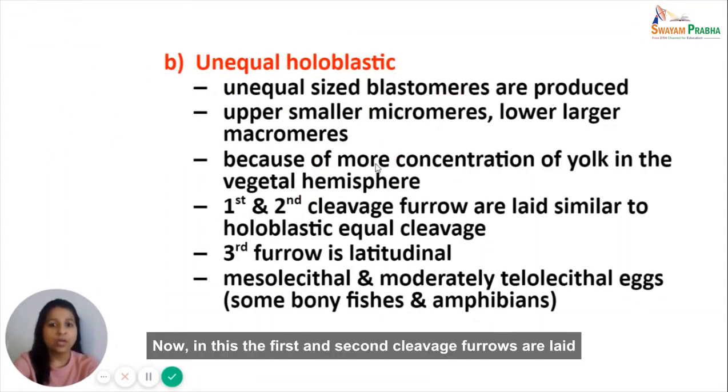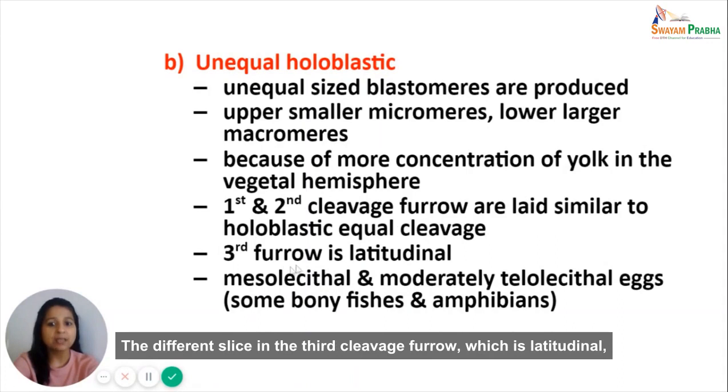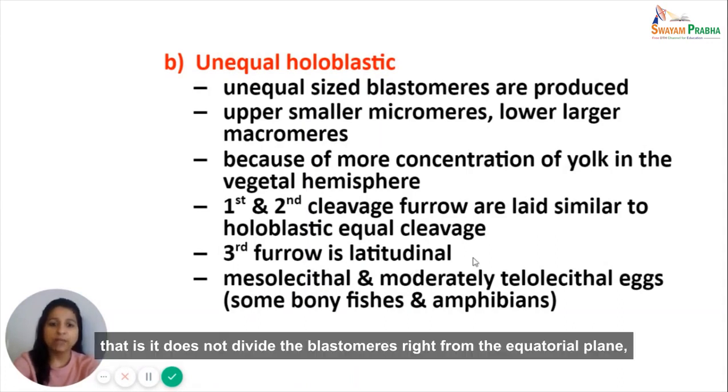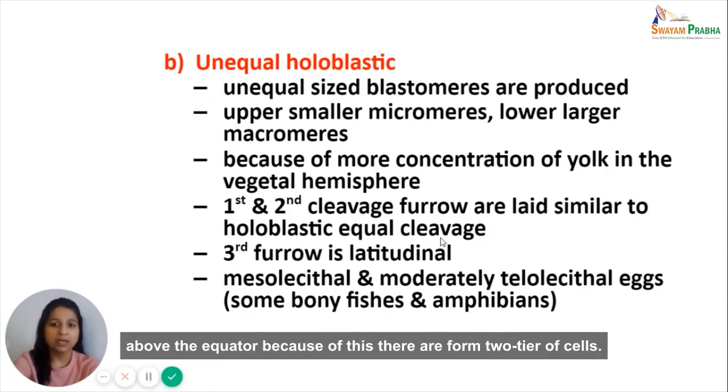produced. Now in this, the first and second cleavage furrows are laid similar to the holoblastic equal cleavage. The difference lies in the third cleavage furrow, which is latitudinal. That is, it does not divide the blastomeres right from the equatorial plane, but it is a little latitudinal, slightly above the equator. Because of this, there are formed two tiers of cells.